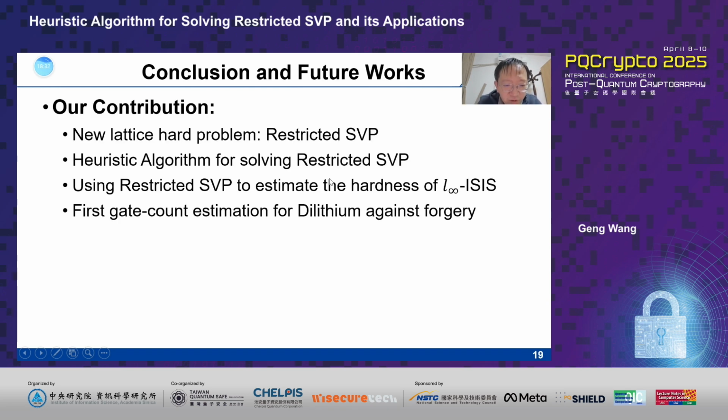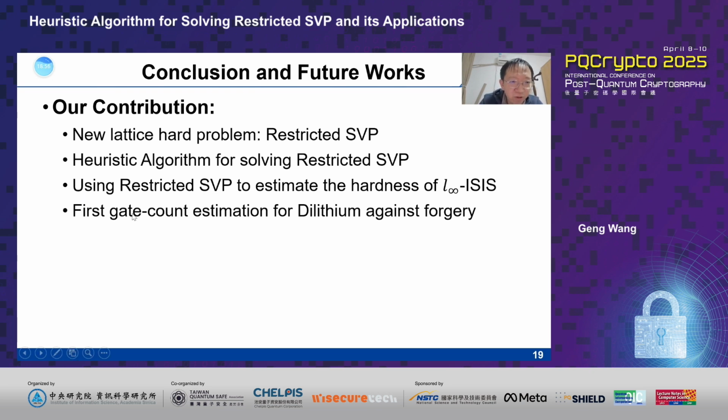For the conclusion of this paper, the main contribution of this work: we first defined a new lattice hard problem called restricted SVP, and we gave a heuristic algorithm for solving restricted SVP. Then we use restricted SVP to estimate the hardness of the ISIS problem under the infinity norm.